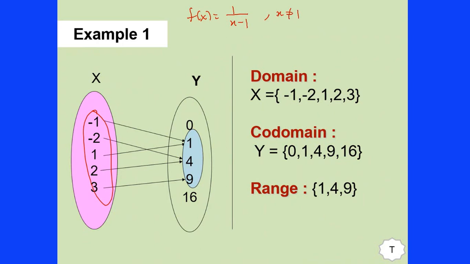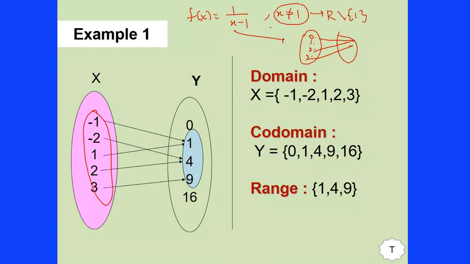Because when x equals 1, 1 minus 1 is 0, and 1 over 0 is undefined. So the domain is all real numbers except 1. That means if we list down for this one, all numbers are there: 0, negative 1, 2, 3, all have their partner, except 1. Why? When 1 is substituted, it becomes undefined.